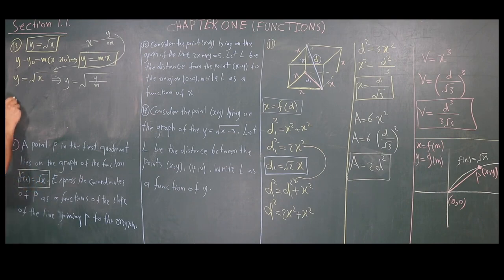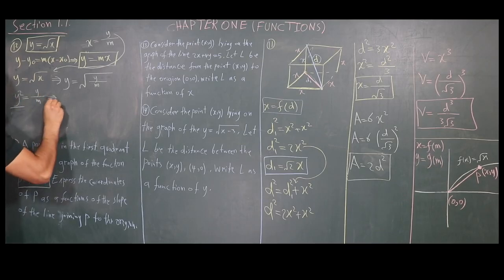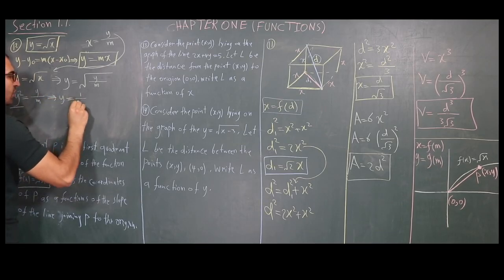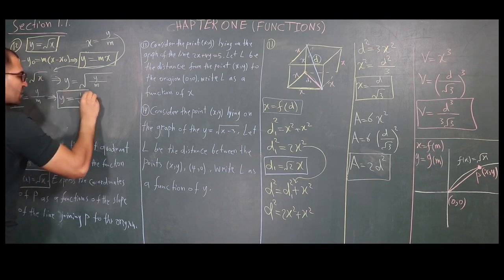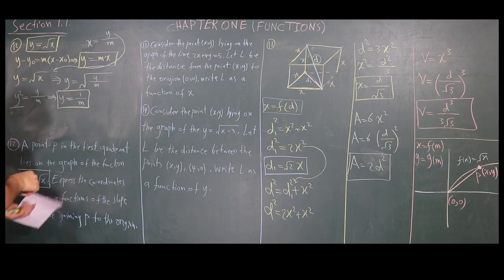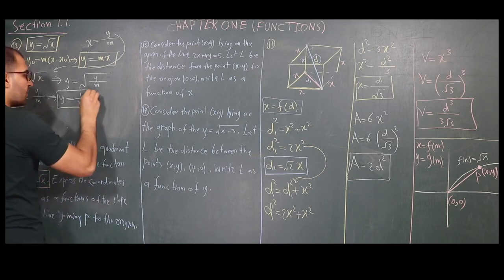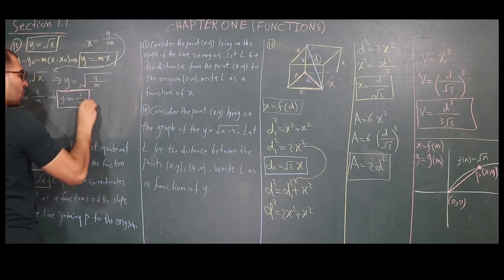When we do that, we find y squared equals y over m, and by dividing by y, the result will be y equals 1 divided by m.